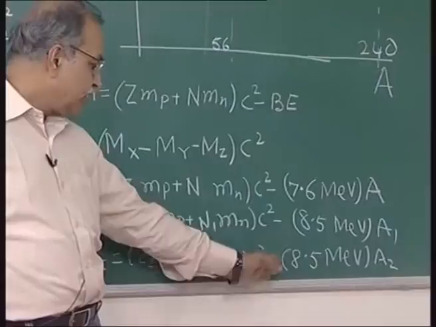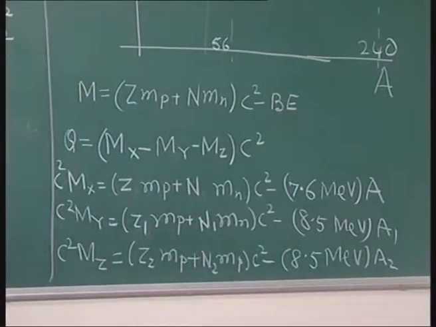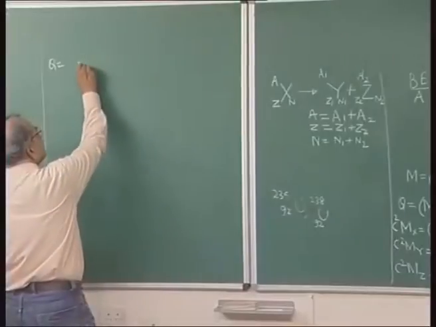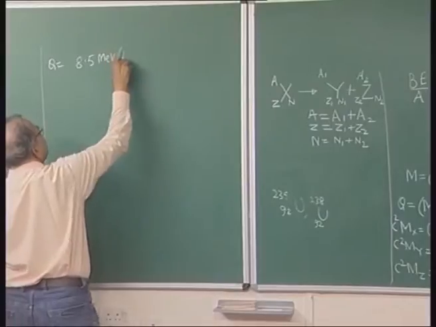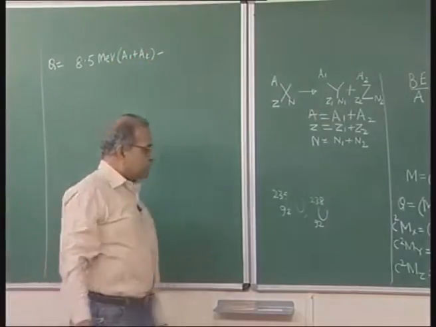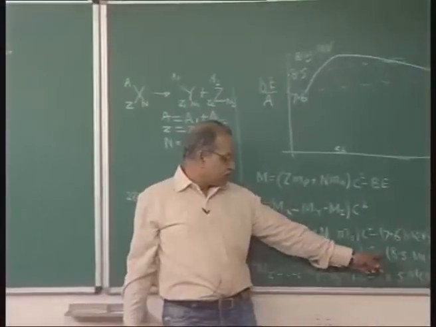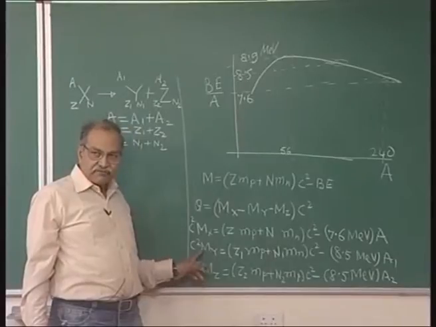So, these two will become positive and this will remain negative. So, it is 8.5 MeV common, A1 plus A2. I have written these last two terms, this minus has become positive because I am subtracting these two quantities from this first one.